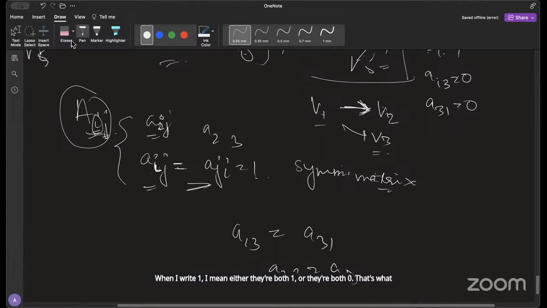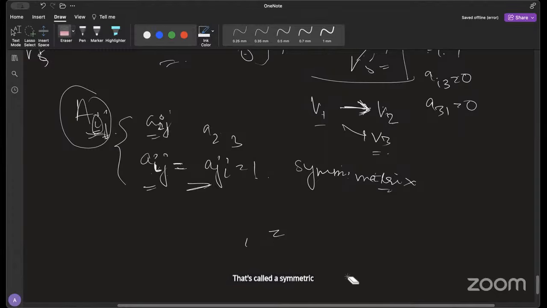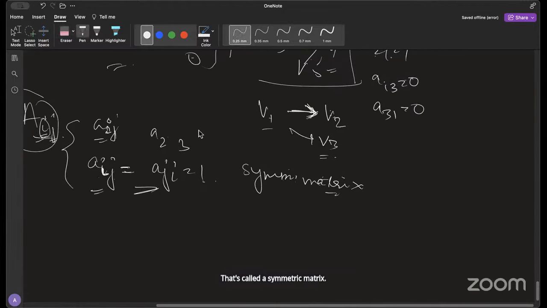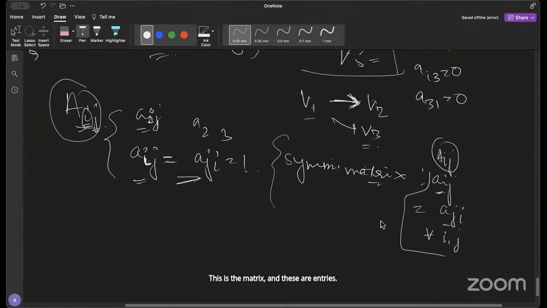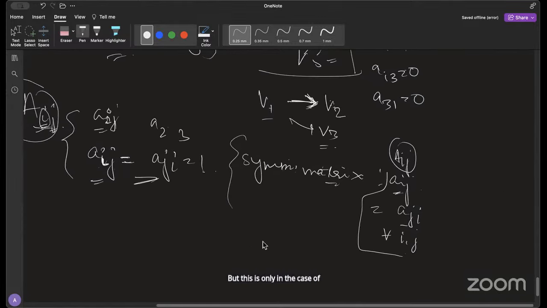That's called a symmetric matrix. When you have Aij equal to Aji, that's called a symmetric matrix. This is the matrix and these are entries. But this is only in the case of an undirected graph, na?